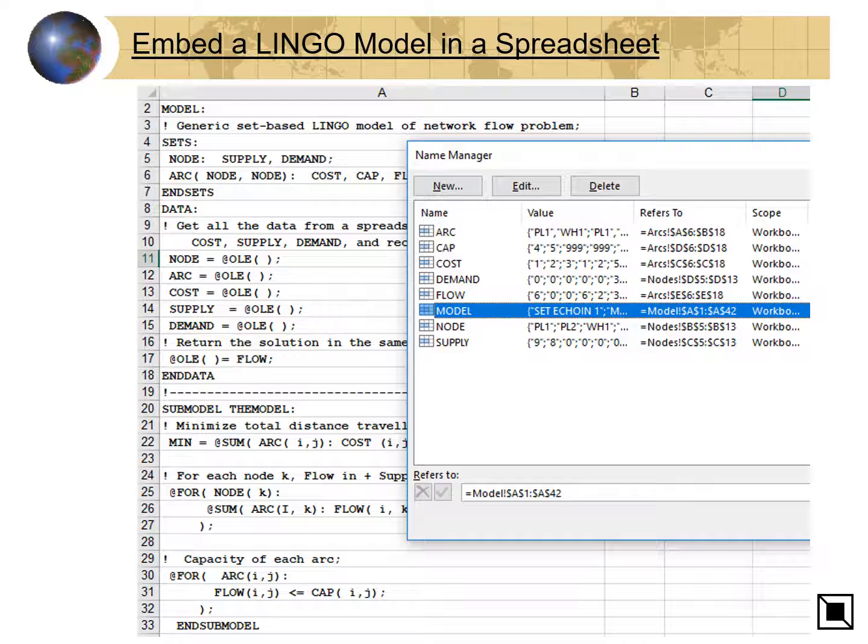It can be useful for complicated problems, in that LINGO models tend to be easier to maintain than spreadsheet models. So for example, if you want to increase the number of plants, or increase the number of warehouses or customers, all you have to do is change the data in the spreadsheet. You don't have to do anything to the equations that describe the model. The equations that describe the model are in rows 20 through 33 of this little tab on the spreadsheet.